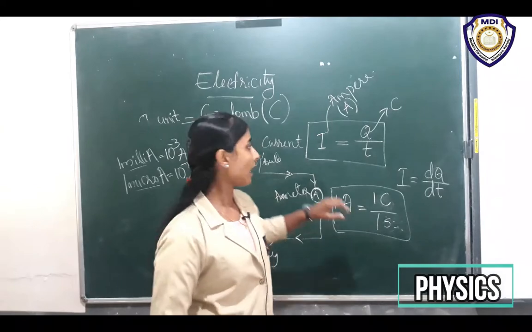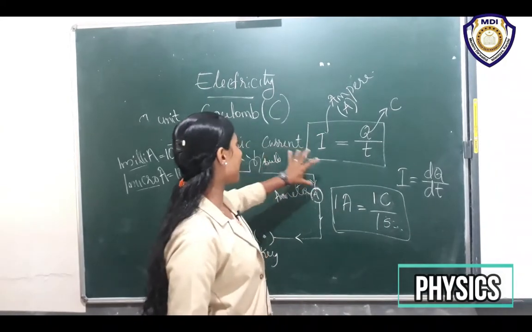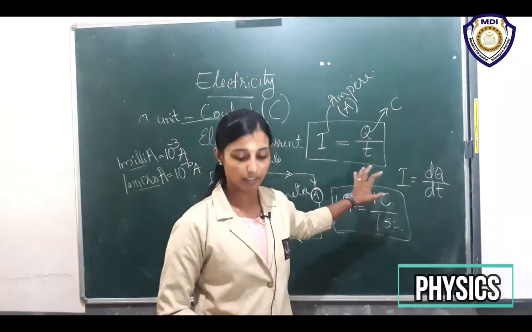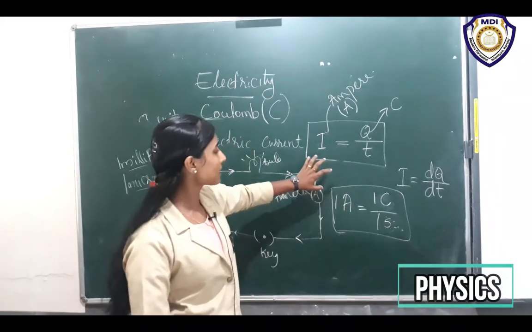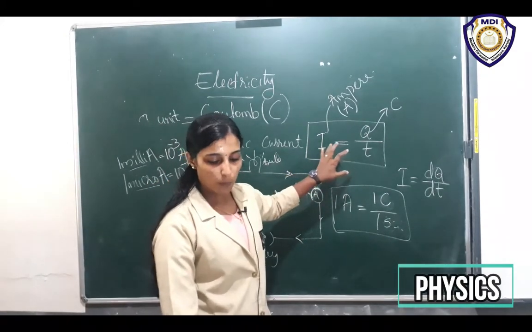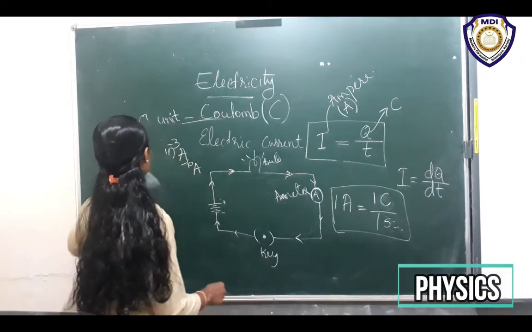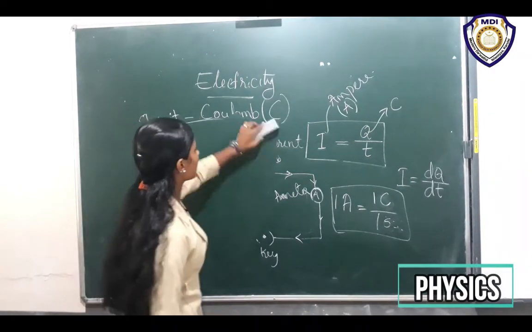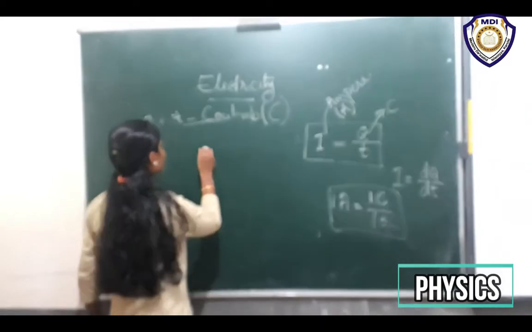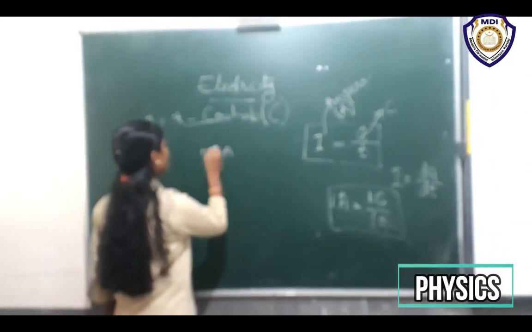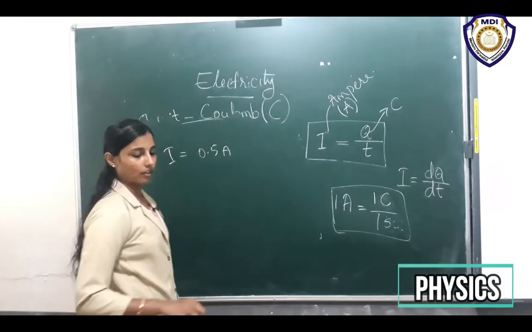We have the electric current I is equal to Q by T, and it is given that the current is 0.5 ampere.